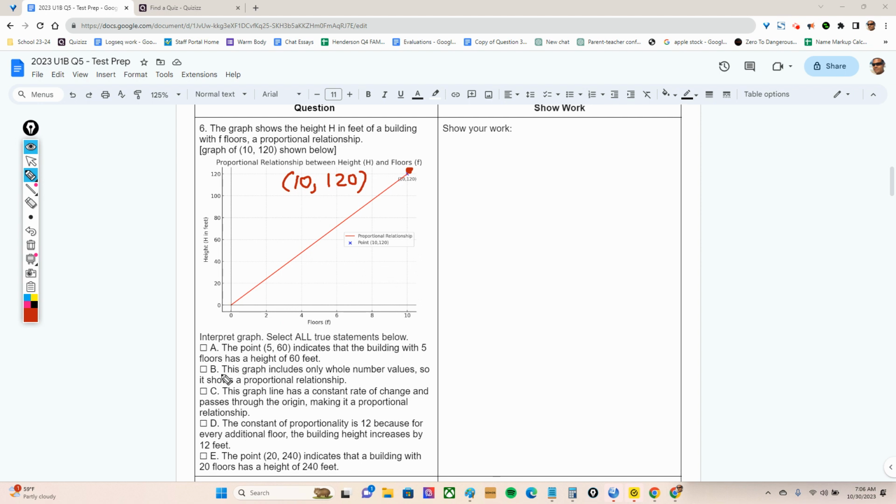Interpret the graph. Select the true statements. The point 5, 60 indicates that the building with 5 floors, so let's go to floors, we got 0, 2.